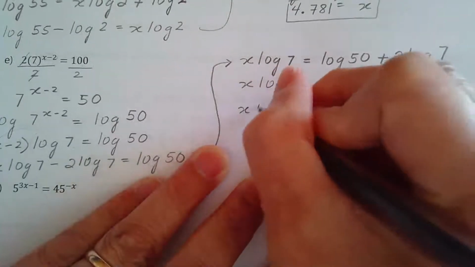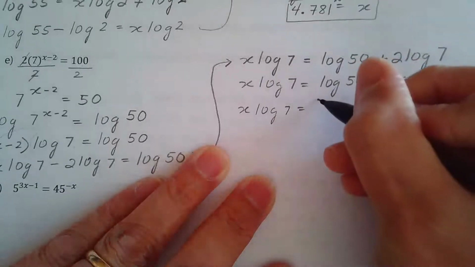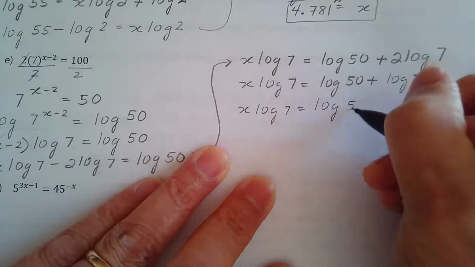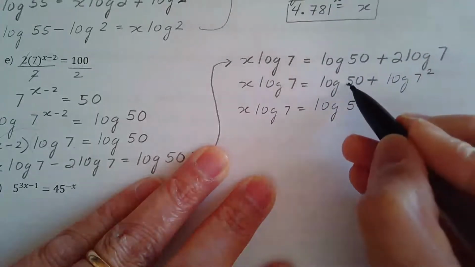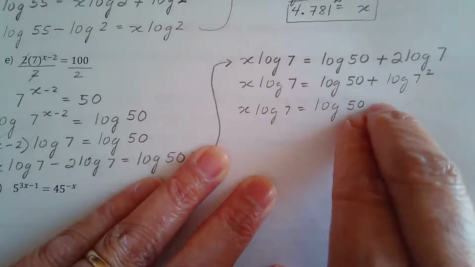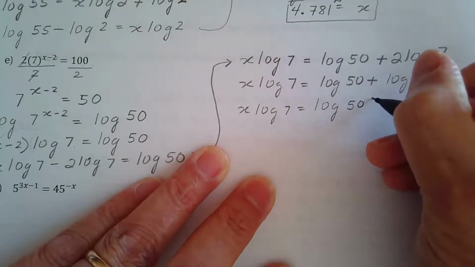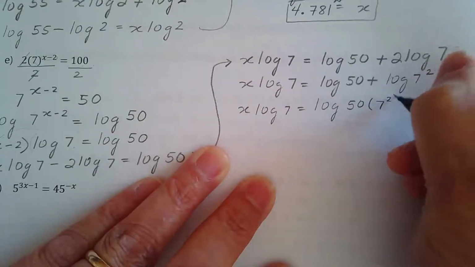So x log 7 equals log of 50. Now, because these two logarithms are added, we can combine that as log of 50 times 7 squared.